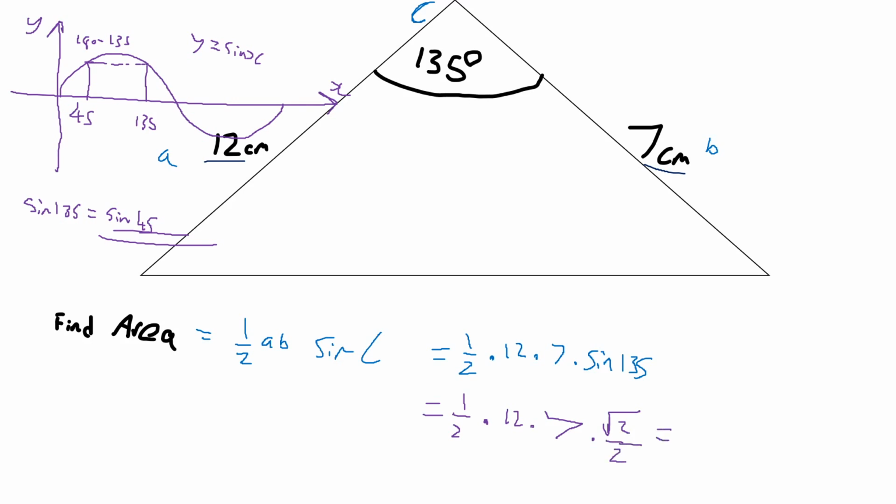And so what we're left with is an answer of 84 times root 2 over 4. 84 divided by 4 is equal to 21. So our final answer is 21 root 2. Okay? And we can even do this in reverse.